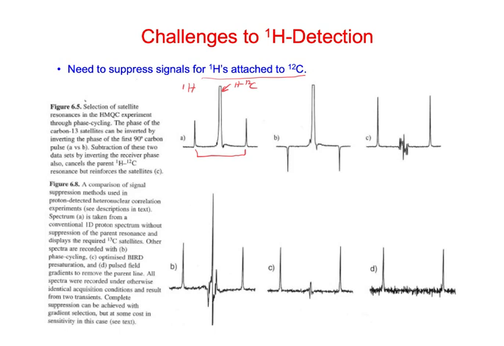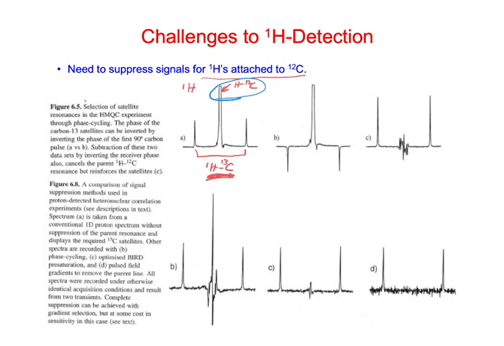These are the protons that are attached to C13, right? And they're being split by the C13. Those are the ones that we are interested in, because they're showing the coupling information. So we need to be able to suppress this signal here in the middle.